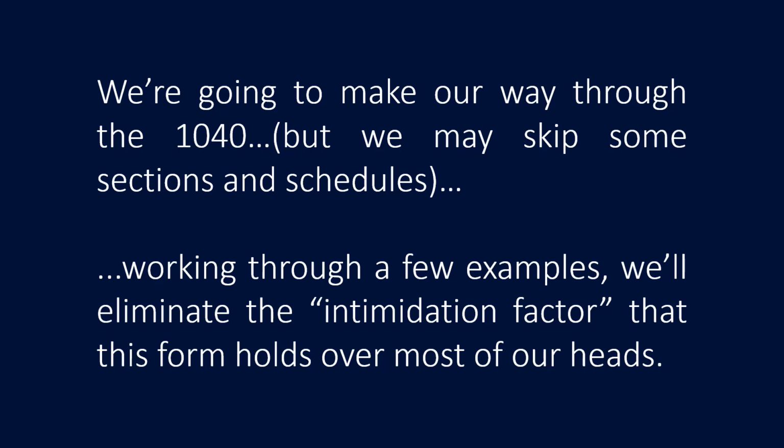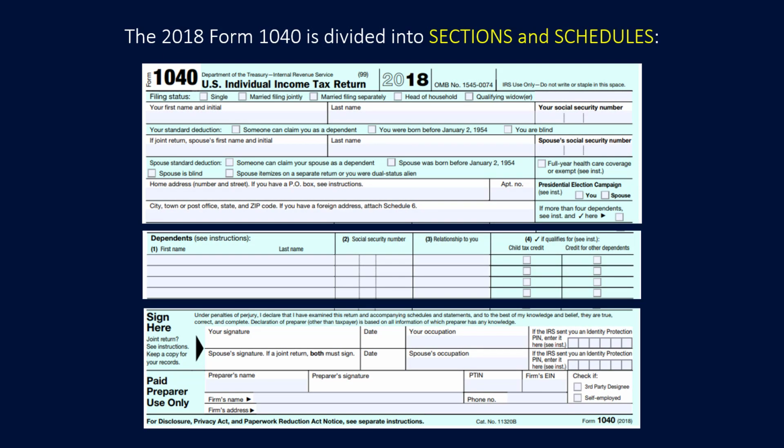Working through a few examples, we're going to eliminate the intimidation factor that this form, the 1040, holds over most of our heads. Again, keeping that building block idea in mind, the 1040 this year for 2018 is much shorter than it has been in the past. We didn't quite get the postcard 1040, but the 1040 for this year is only 23 lines.